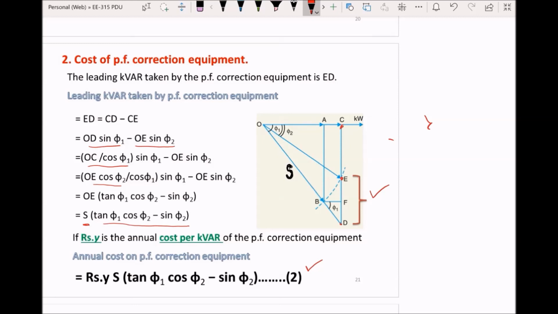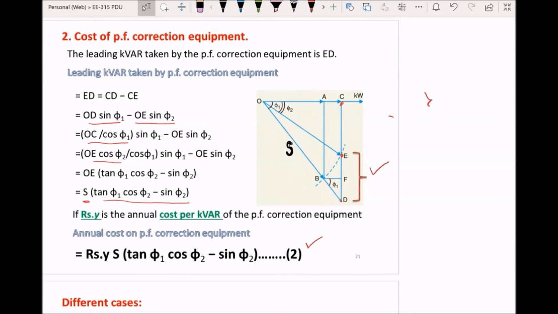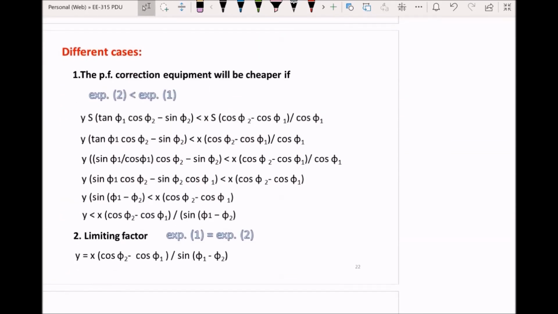Okay, so both of the costs are calculated. From the previous slides, equation 2 represents the cost of power factor correction equipment, and equation 1 indicates the extra cost required for expanding the kVA capacity. So the power factor correction equipment, which is number 2, is cheaper when the expenditure here is lesser than the expenditure in 1.